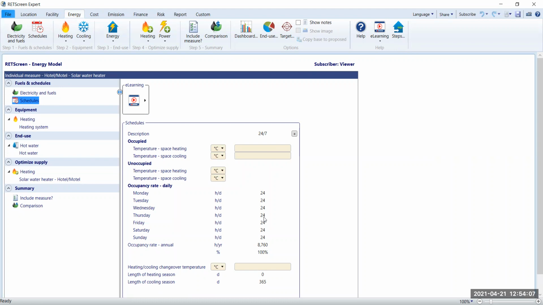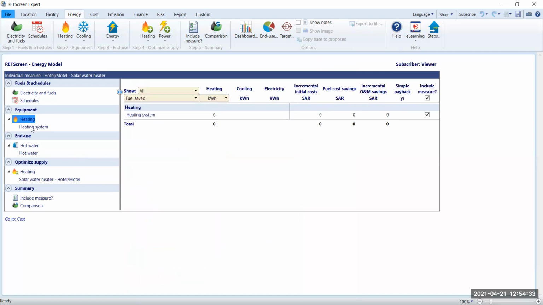For hotels, normally they say that over the weekends we expect maybe 80% occupancy, but for the rest of the week, like 60%. Or the number of hours where the collectors are going to be utilized, I mean how much heating you need per day. So you can specify that here.